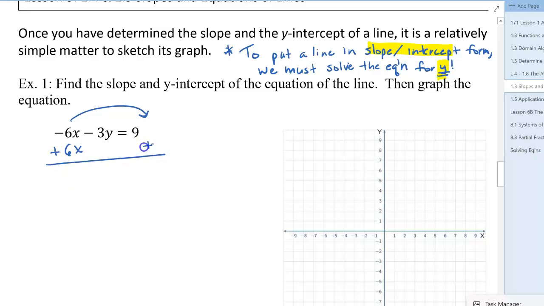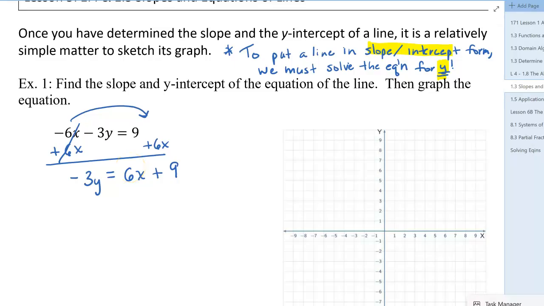These will cancel, so I'm left with negative 3y. We can't add these two terms together because this one doesn't have x in it, so I'm just going to rewrite it as 6x plus 9. I do that because usually in slope-intercept form, y equals mx plus b, your x term comes first.